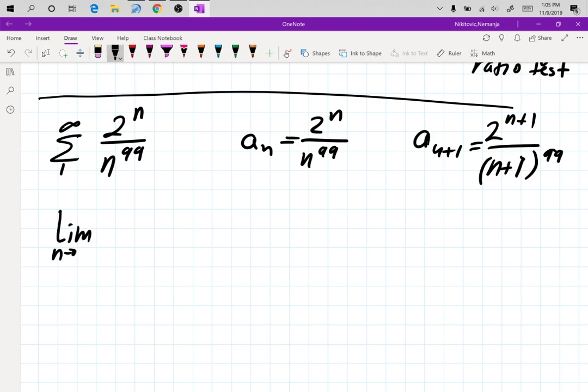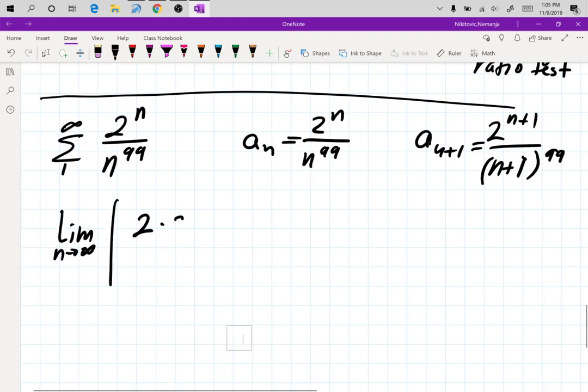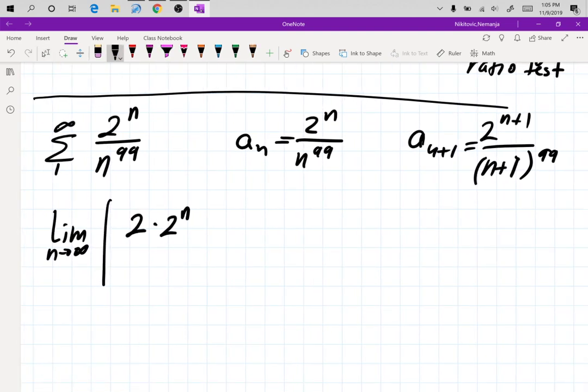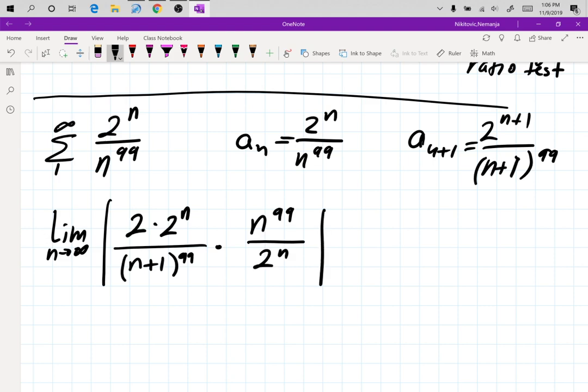Limit as n goes to infinity, and I have absolute value of, and now look what I'm going to do. I'm going to do 2 steps at once. To the n times 2. I'm going to peel off 2, and we have times 2 to the n, because that plus 1 peels off, divided by nothing I can do here, and then times the flip of the original problem immediately, so I don't have to write it 15,000 times.